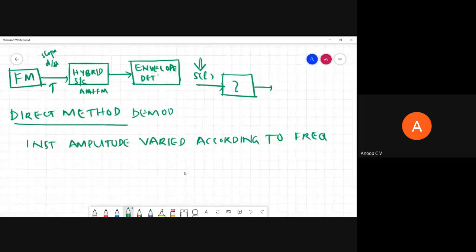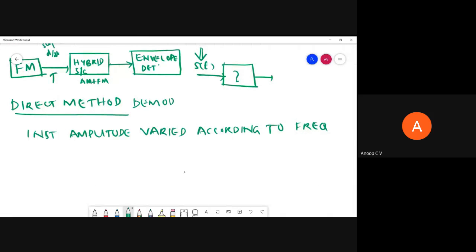So our objective is to bring in instantaneous amplitude variation corresponding to instantaneous frequency, and for that we can use a component called a frequency discriminator, a component which can realize this objective.